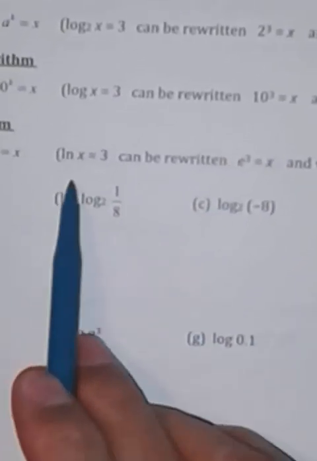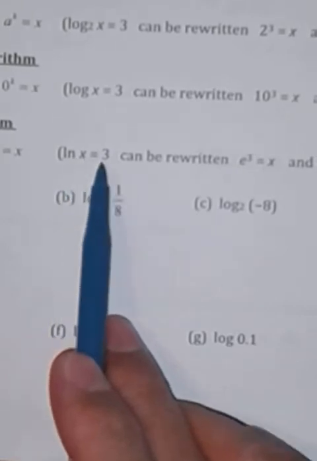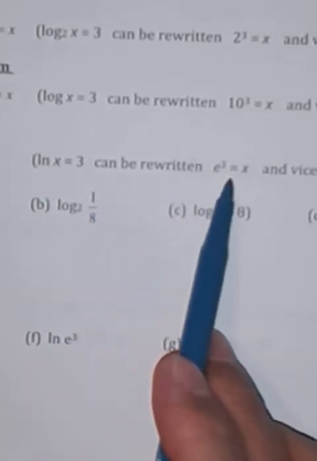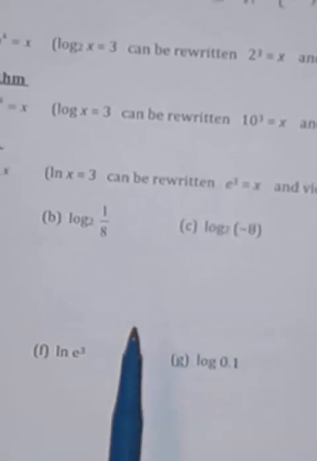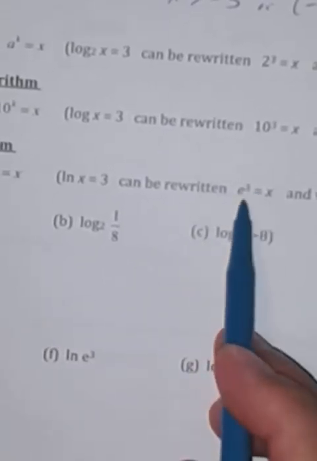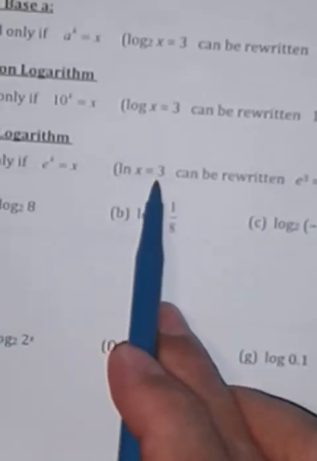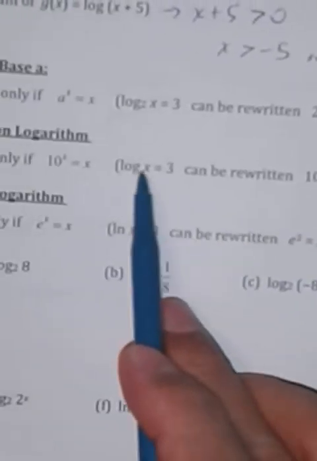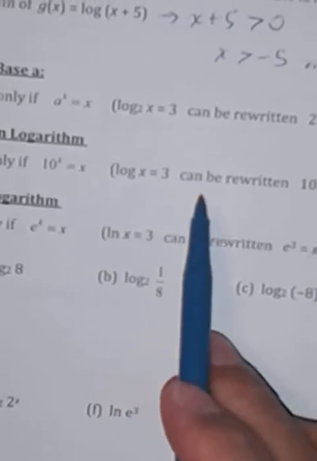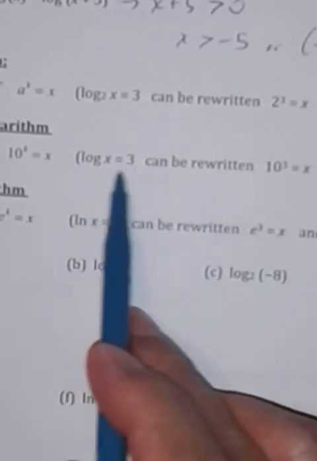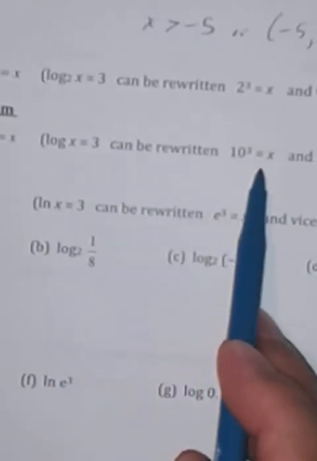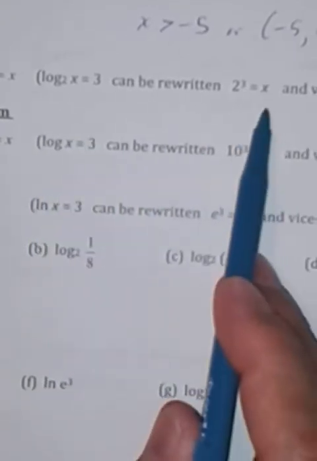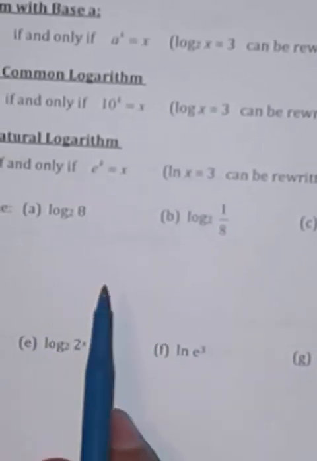That's what its use is. ln of x equals 3 can be rewritten as e to the third equals x. And vice versa. E to the third equals x, you can write as ln of x equals 3. 10 to the third equals x, you can rewrite as log of x equals 3. This is called the logarithmic form, and this is called the exponential form, for all of these. All right, let's do some of these.